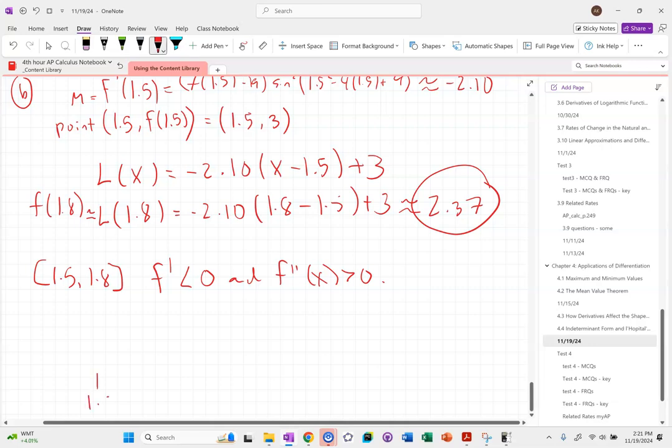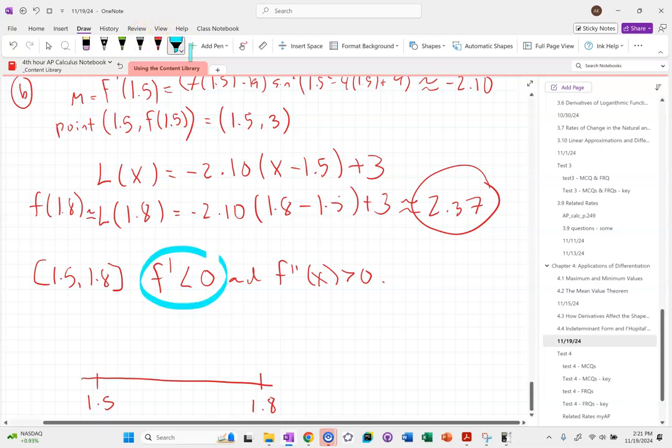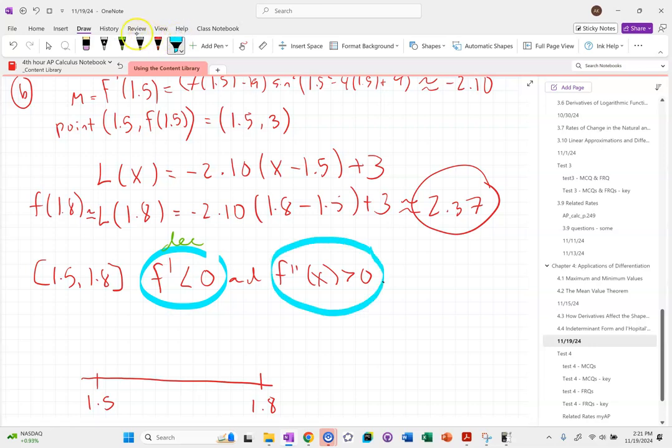So I'm just going to sketch a little picture here to help me answer this. Let's say that's 1.5 and that's 1.8. This part is telling me that the function is decreasing, and this part is telling me that it's concave up, right? So my function is going to look kind of like that, right?